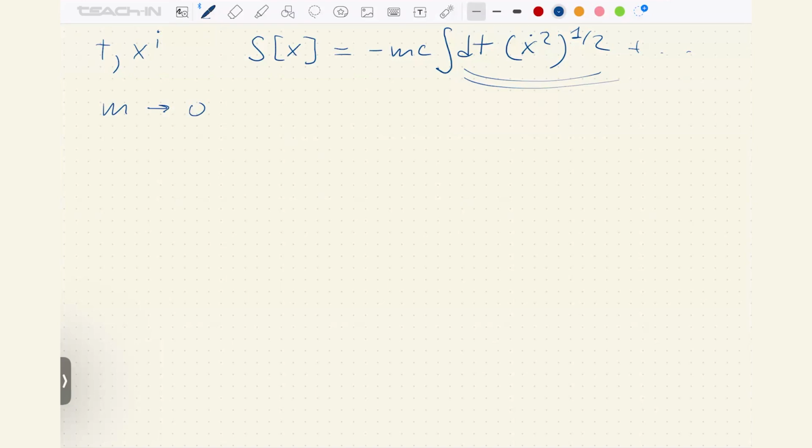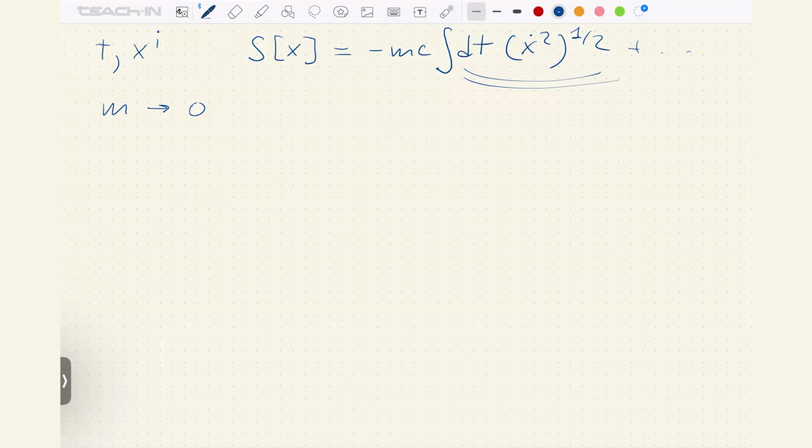Second, it's also not convenient to have this square root. Even if we are interested in a massive particle, it's not convenient because the action is quite nonlinear. It's not what we usually want from a very simple system, because we know how the particle moves. These are just straight lines in four-dimensional space.